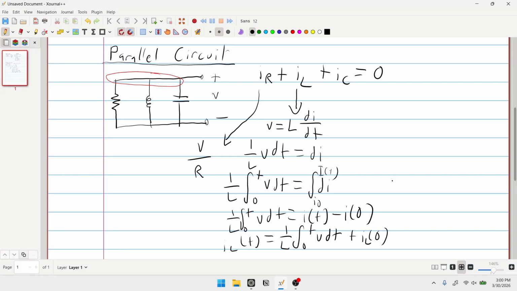All right. And the capacitor is also much easier. It's just C dV/dt. All right.